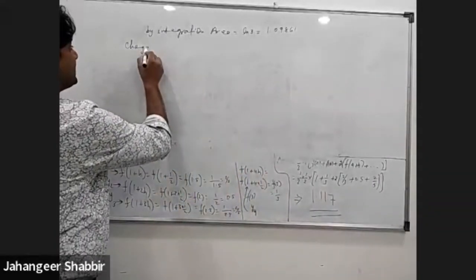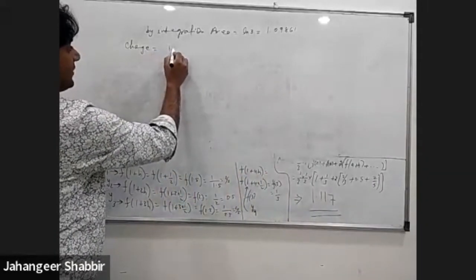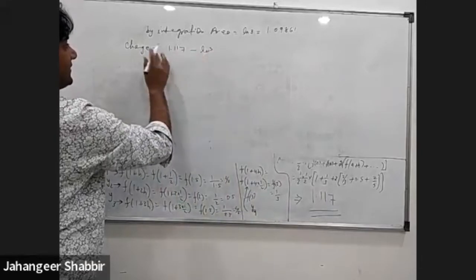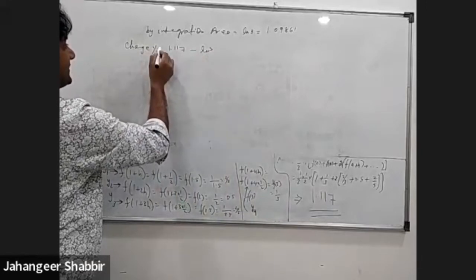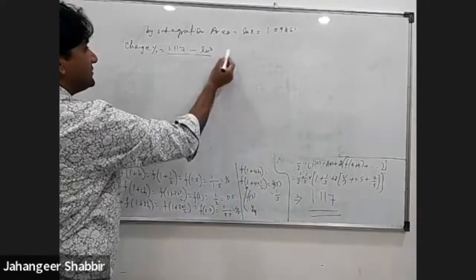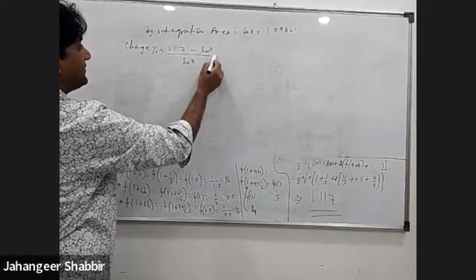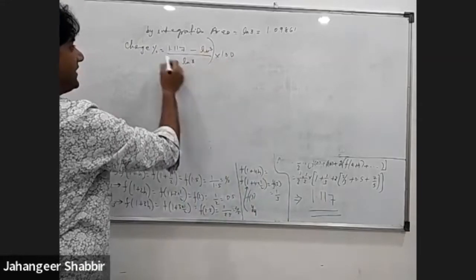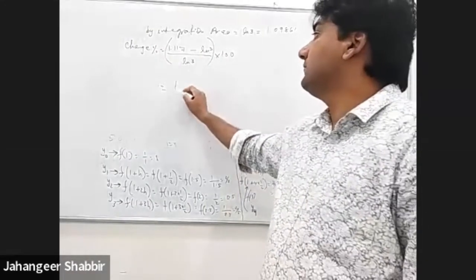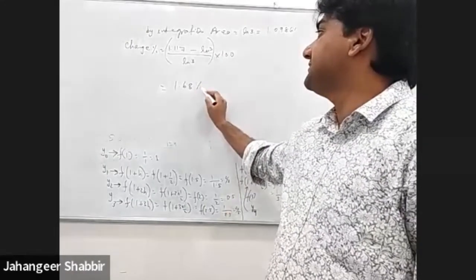So the change will be 1.117 minus ln3. And to find the percentage change, 1.117 minus ln3 over the original, which is ln3, times 100. Can you tell me now? 1.68%.